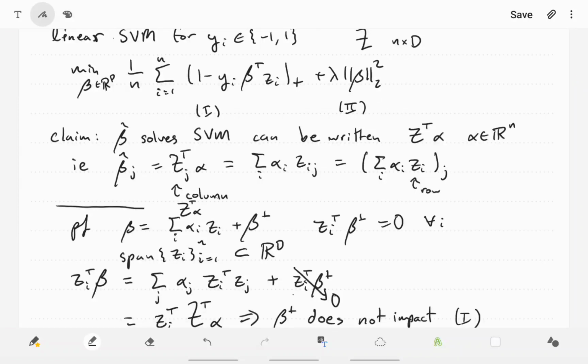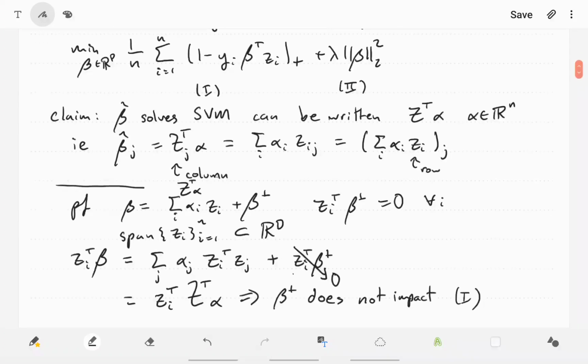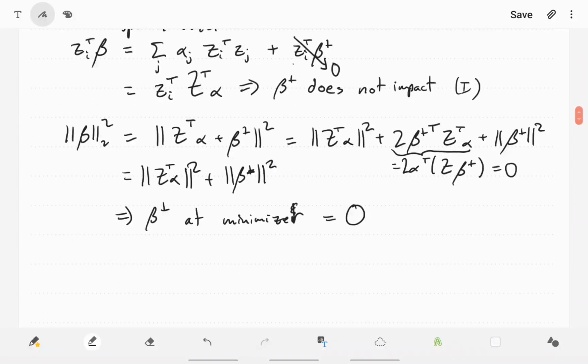Then the second component can be written as the sum of something that depends on alpha and something that depends only on beta orthogonal, and that something is this 2 norm. So to make it as small as possible, we set that 2 norm to 0, and the only way to do that is by setting beta orthogonal to 0. So beta orthogonal at the minimizer has to be 0.